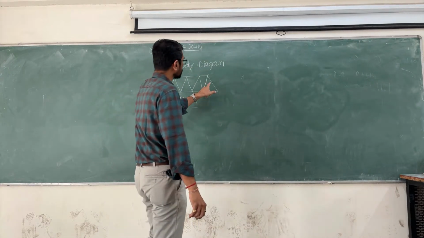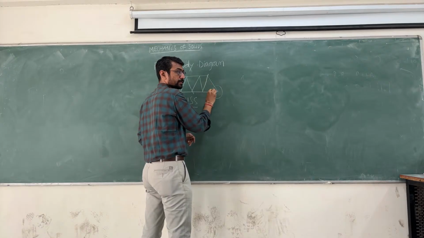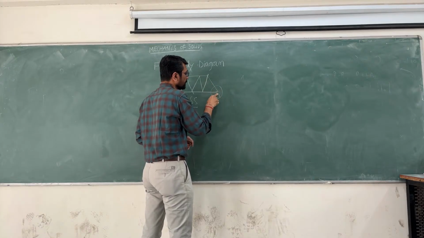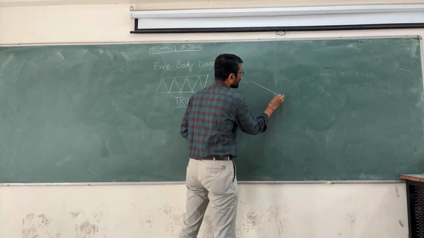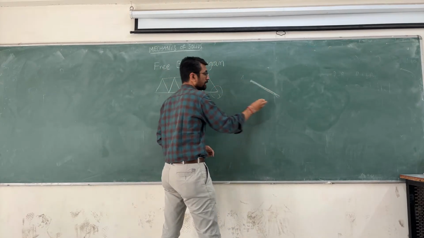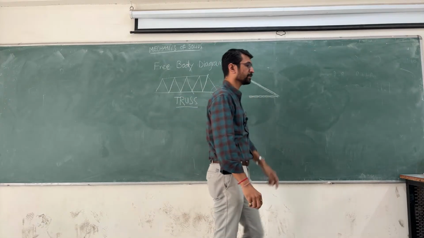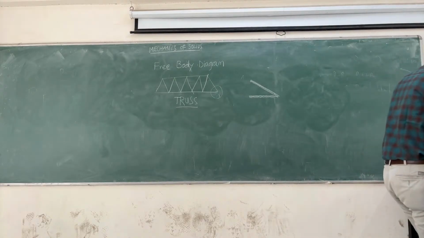Let us consider this very small portion, these two members of a truss. Suppose this is one member, this member, and this is the member. Write down. હું તમને exact value કહું એટલે તમને solve કરવાની મજા આવશે.